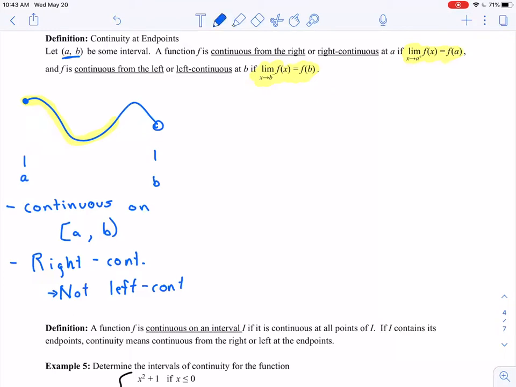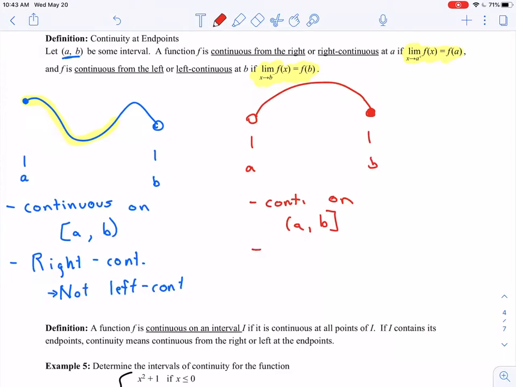So if I gave another example, if I switched these two around, here's a, here's b, perhaps this time I have a hole at a, but my function does exist over here at b, then I would say, okay, this is now continuous on a to b, where a is not included, but b is.